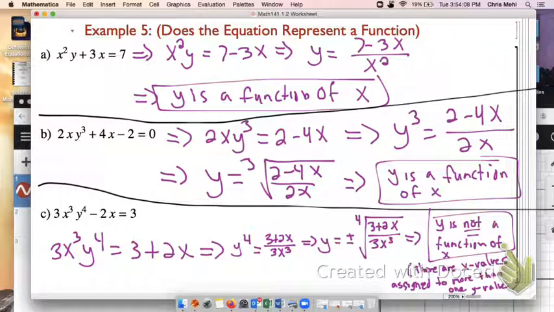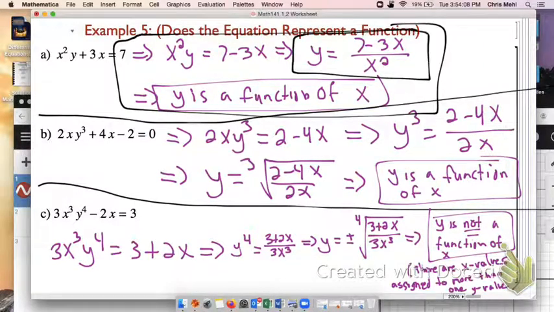So what I did here is, again, to know if an equation represents a function, meaning the graph of that equation would pass the vertical line test, you're going to solve each of the equations for y, which I've done in each of the three examples. Now I want you to look at, okay, for the first problem, y is equal to 7 minus 3x over x squared.